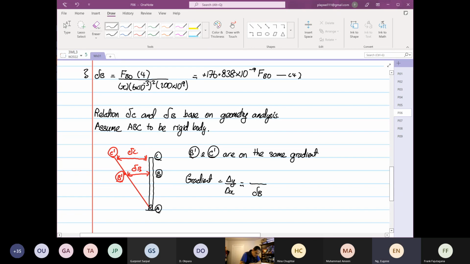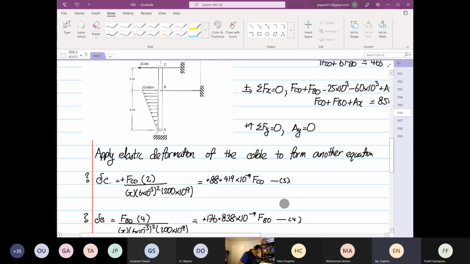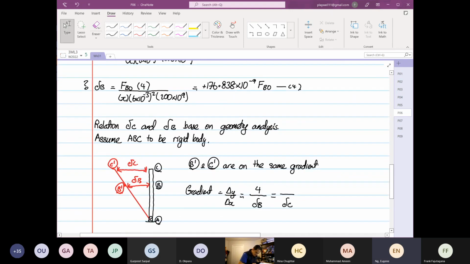So if you were to calculate, the change in X is delta B, the distance from A to B is 4, right? And then this will be equal to the deflection at C, and the distance from A to C is what? It is equal to 6 plus, let's look at the question, 6 plus 3, 9.